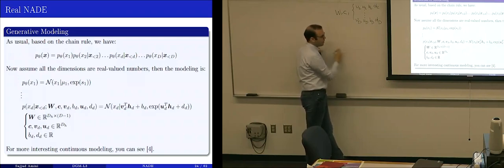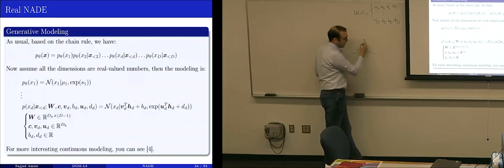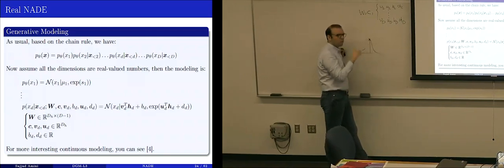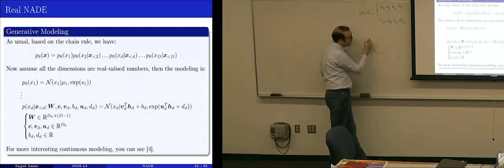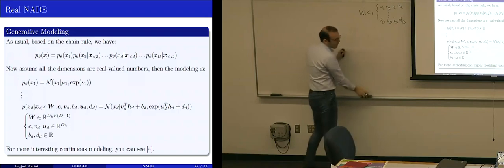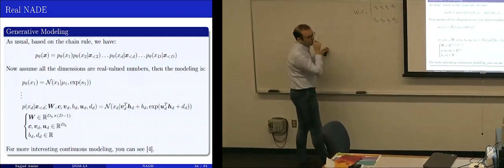We know that if you are in the continuous word, the value of PDF in a point is not corresponding to the probability of that point, because isolated points have zero probability in the continuous word. But we want to know what is the value of our PDF in a given point. That's here the density estimation.